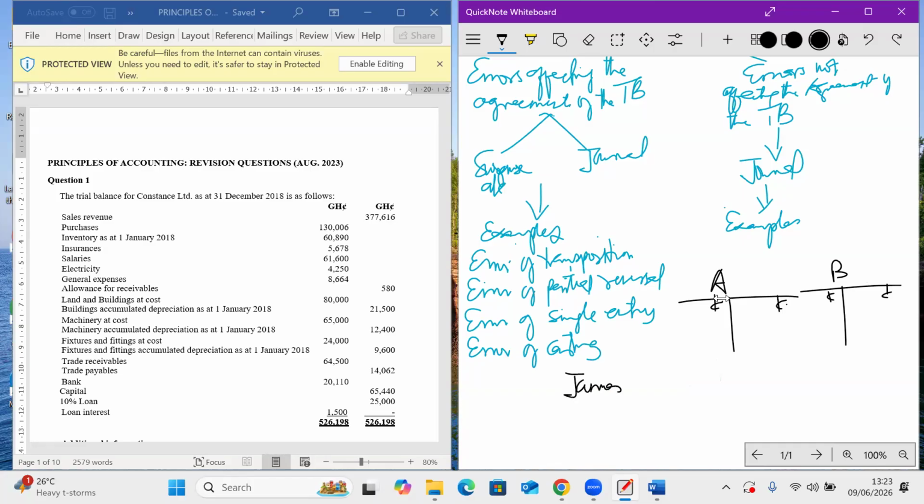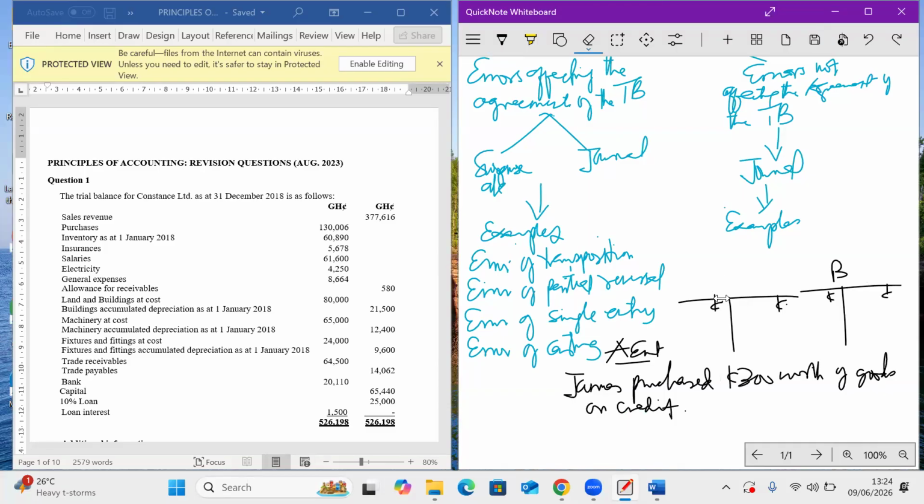James purchased 300 cedis worth of goods on credit. Okay, so the business name is A Enterprise. So this is our business, right?